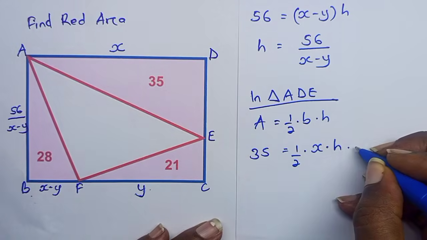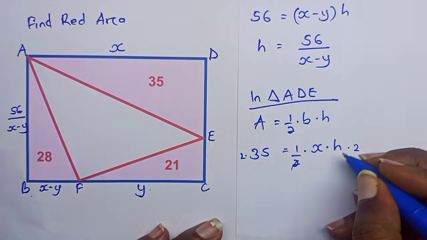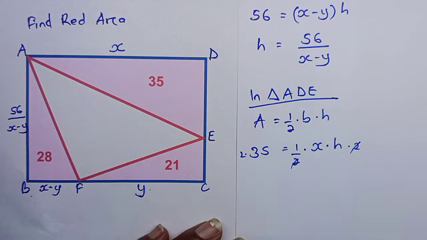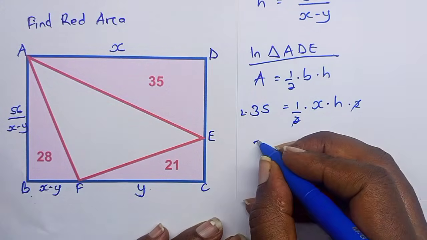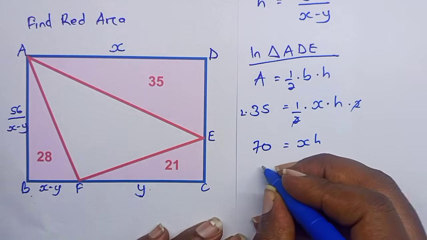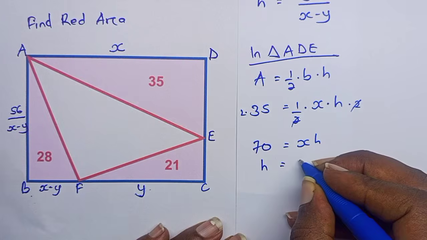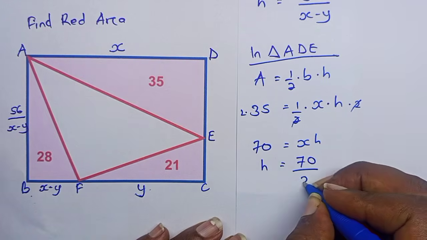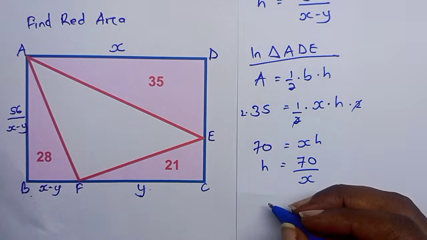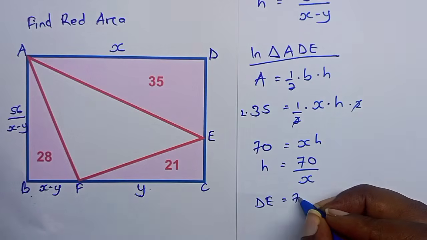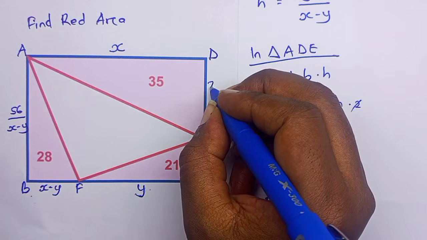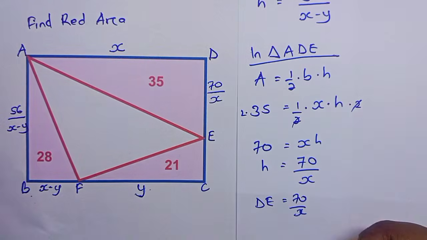So multiply by 2 on both sides to get rid of this 2. So 2 times 35 is 70. So 70 is equal to xh. Want to make h the subject, so h is 70 over x. So that implies that DE is 70 over x. So from here to here is 70 over x.